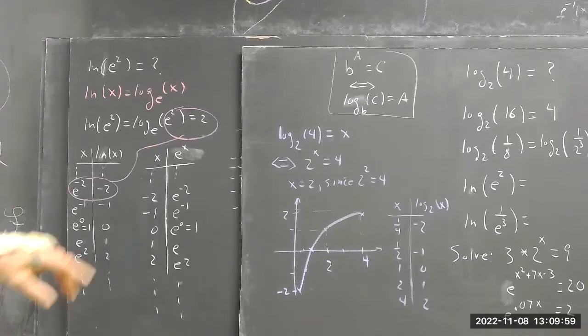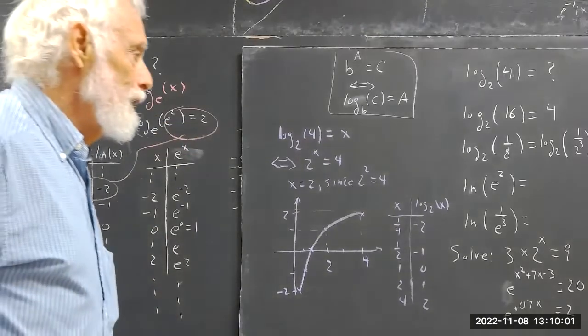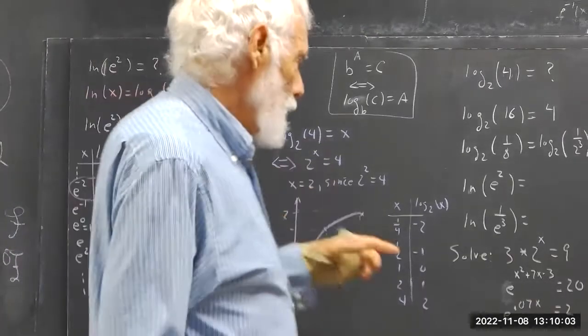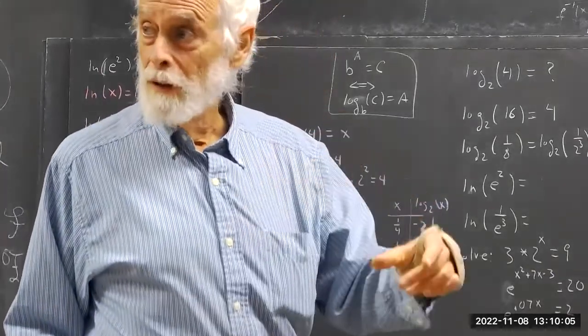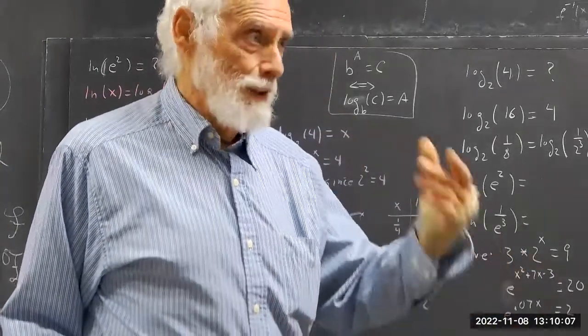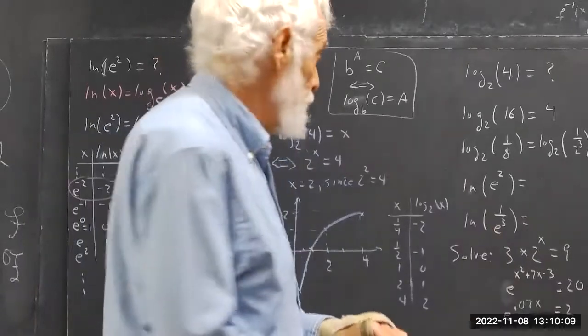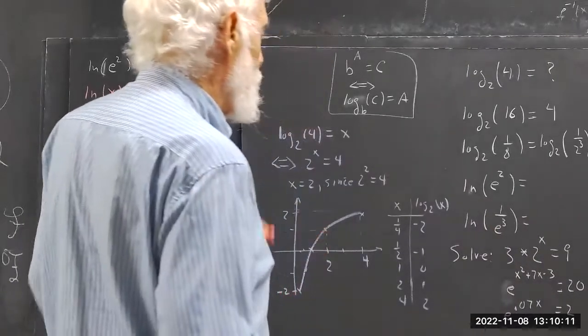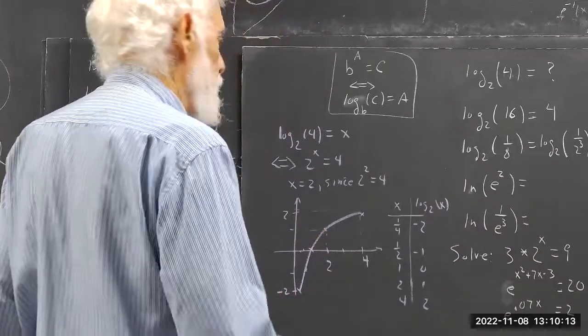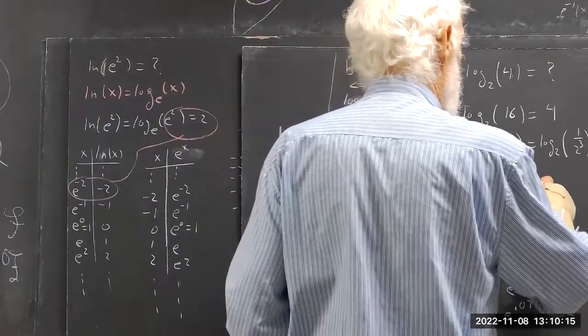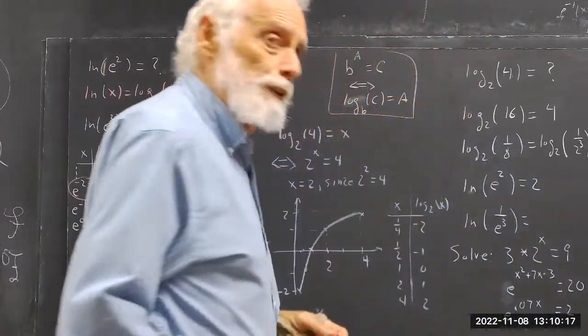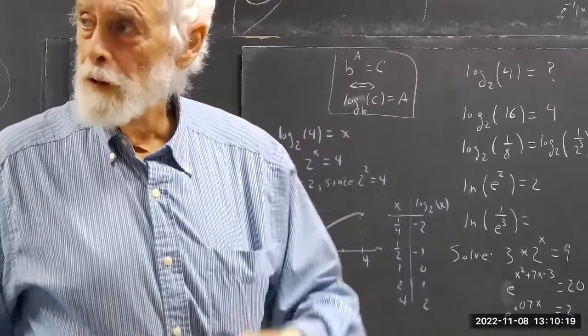Okay, well, one way or another, be sure you remember that the natural log is the base e log. It makes a lot of the questions much easier to answer. So if we come over here, the natural log of e squared equals 2, by the graph, by the table, by the inverse function relationship.